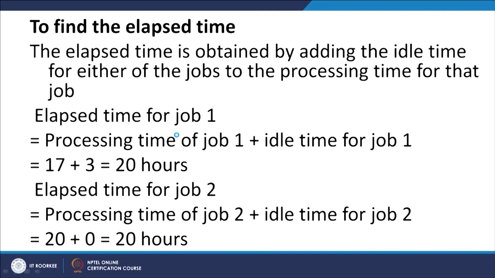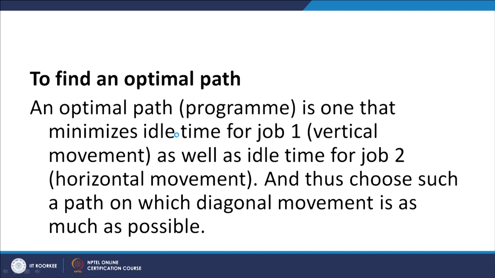So, what is the elapsed time for job 1? It is the processing time for job 1 plus the idle time for job 1. The processing time of job 1 is 17 hours and the idle time for job 1 is 3 hours. Let us verify this.